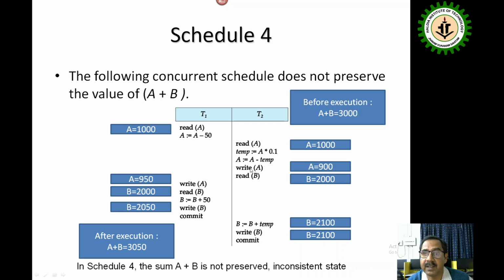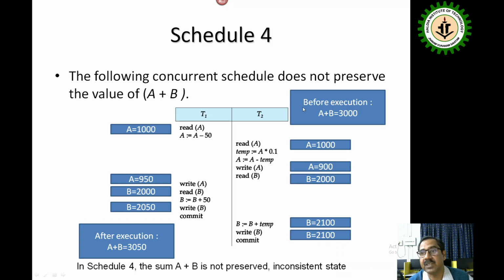After T2 modifies the value of A, A equals 900, but T1 overwrites the value of A, writes A, and saves permanently. So the final value of A is 950 and the final value of B is 2100.